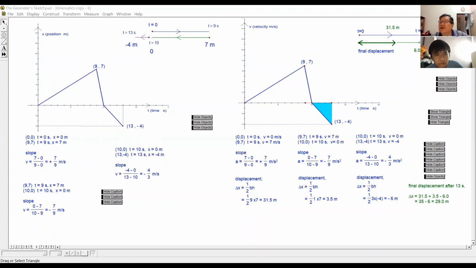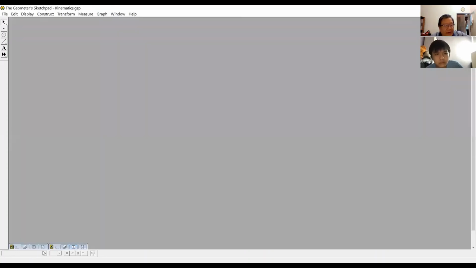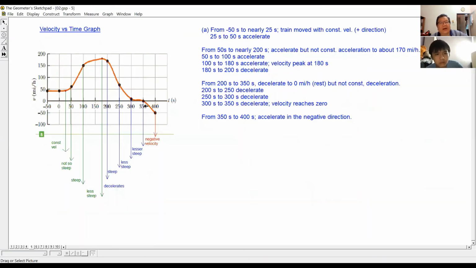So this is the same as just now, over here, this part. The velocity is increasing, but increasing in the negative direction. If you calculate the slope it will be negative, but it doesn't mean that it is decelerating. It means that it is accelerating.